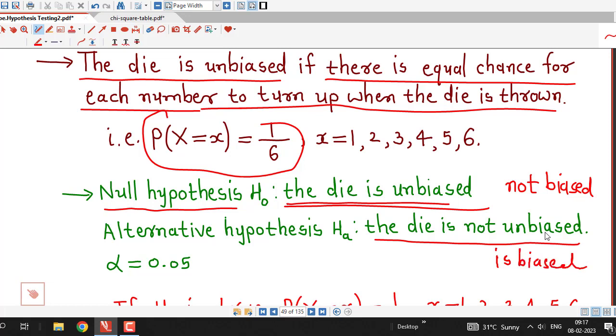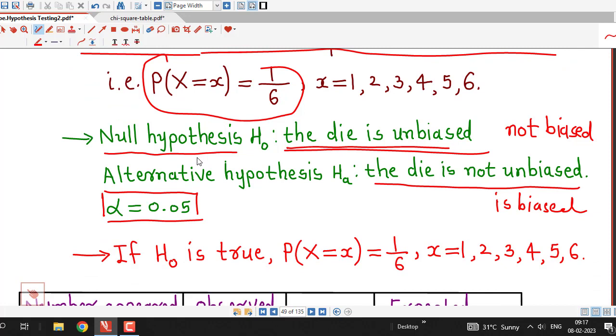Both are equivalent statements, and we will select a level of significance as 5%, that is 0.05. If the null hypothesis is correct, that is if the die is unbiased, then probability is the same for each of the numbers to turn up, that is 1 by 6.